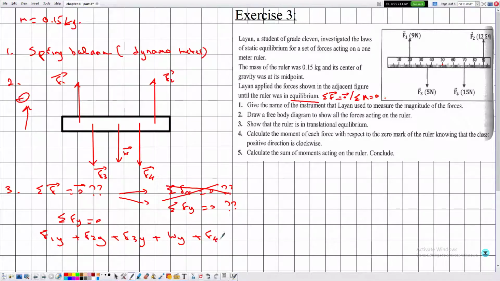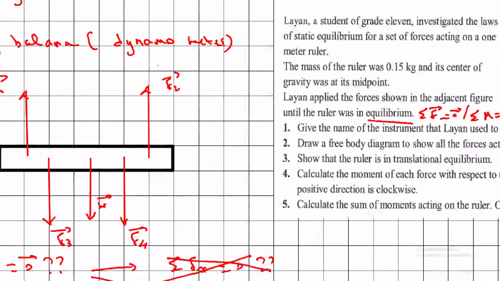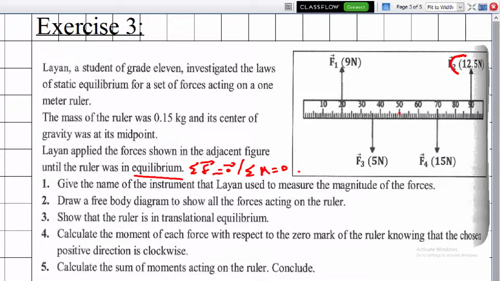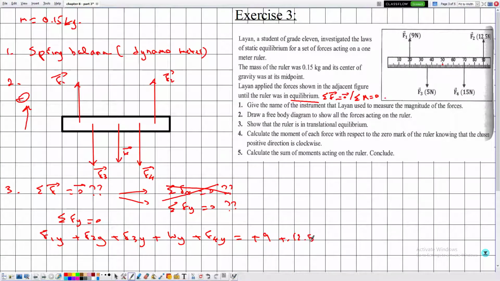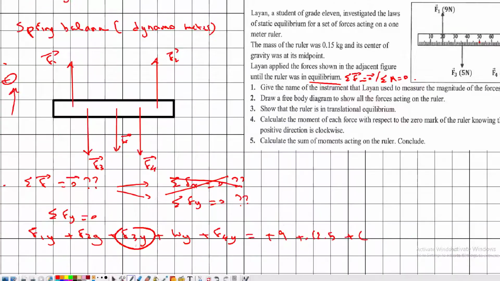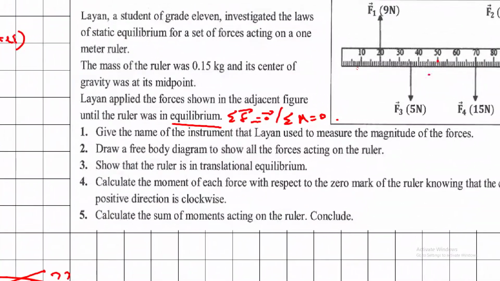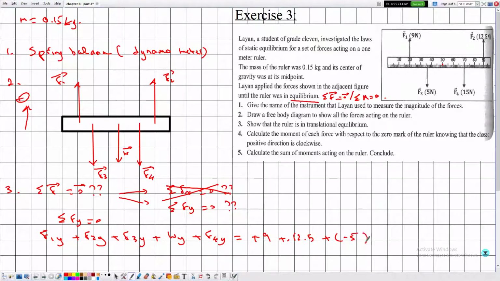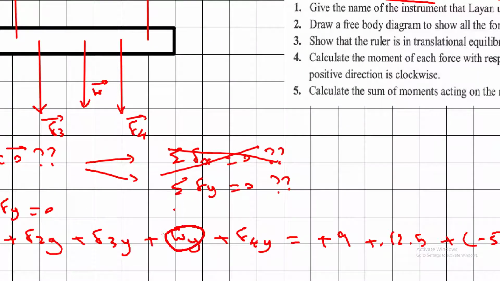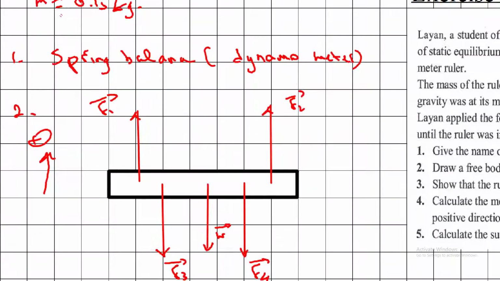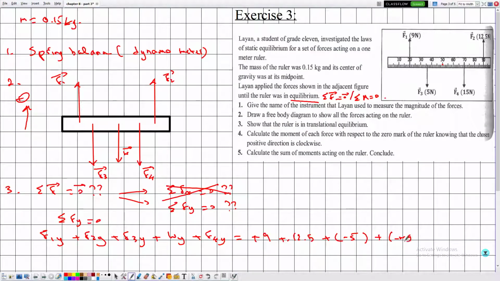Here we are talking about the components, and the components may be positive or negative. f1y is pointing in the positive direction, so it's plus 9, plus f2y pointing in the positive direction, it's 12.5, plus f3y, pointing in the negative direction, with a value of minus 5, plus wy, which is given by minus m multiplied by g, plus f4y, which is minus 15. So it's equal to 9.